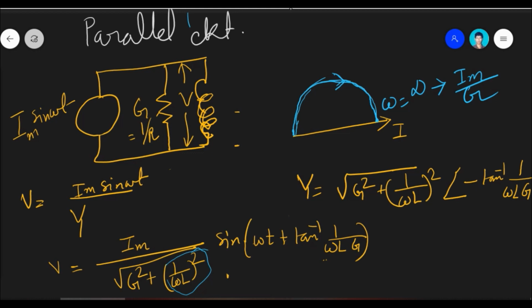See the beauty, it is just like whatever we have in the case of this parallel RL circuit, and previously we had a similar kind of curve. Only thing here is that this locus is for voltage, V is varying, and for the series RC circuit you had voltage here and your current was varying. This one was for the series RC circuit.